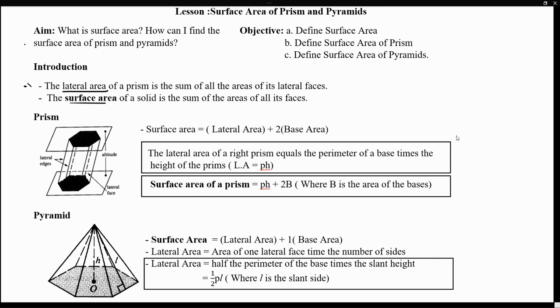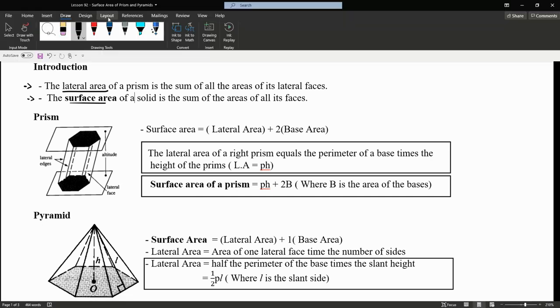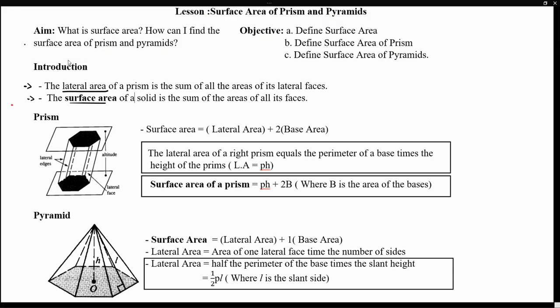What does this really mean? Well, let's take a look at a prism. So here we have a prism. Now, the lateral area is the sum of all the areas of its lateral faces. Notice that the lateral faces just refer to all the possible sides that surround.